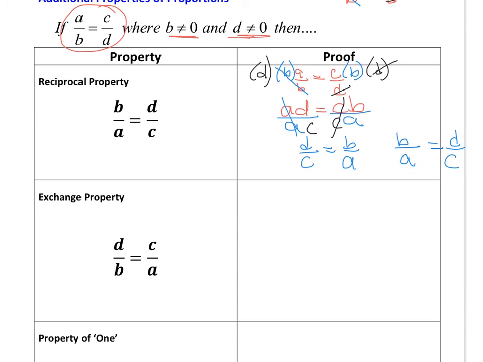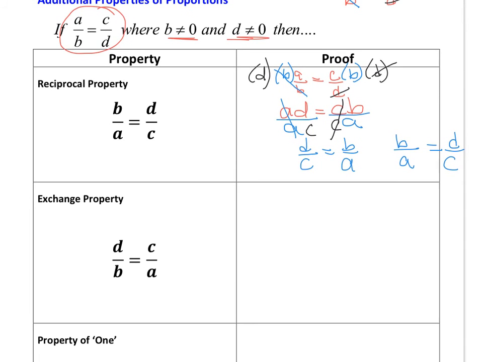All right, let's try proving the exchange property. The exchange property, I'm going to go back here. If you can take a look at the difference here, D divided by B. Well, what happened here? It looks like from our original proportion, D is moved up and replaced positions with A, and A is moved down. So that's the difference between here and here. Now let's prove it. We're going to prove it right back with our cross products.